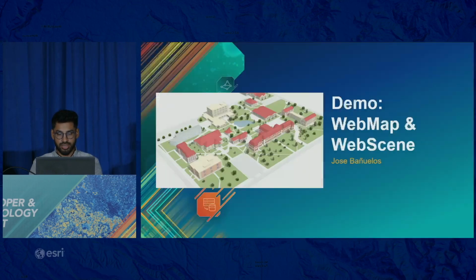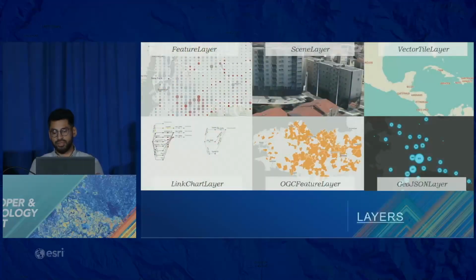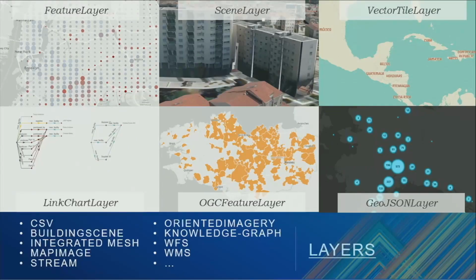So now let's see how we can bring in individual different data types. The SDK supports over 40 different data types, ranging from the new knowledge graph and the link charts to WFS, WMS, oriented imagery, and several more.